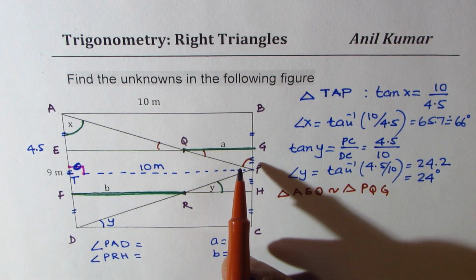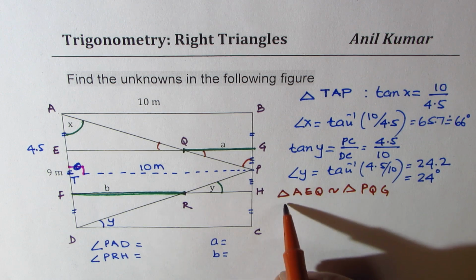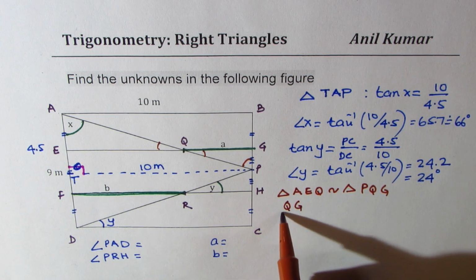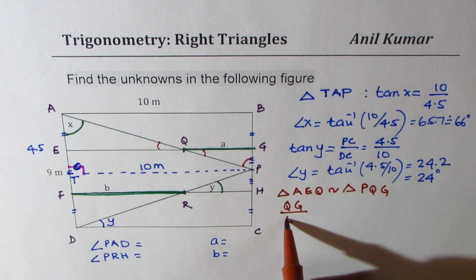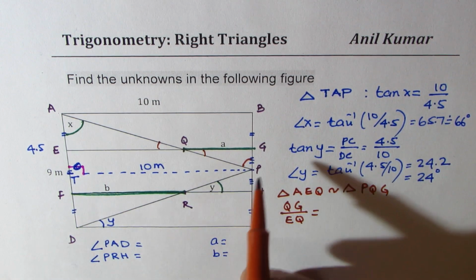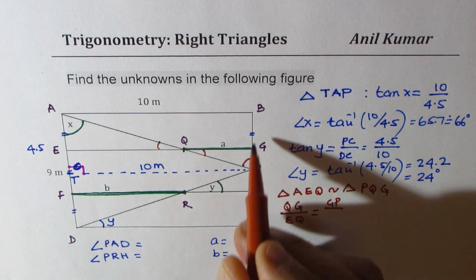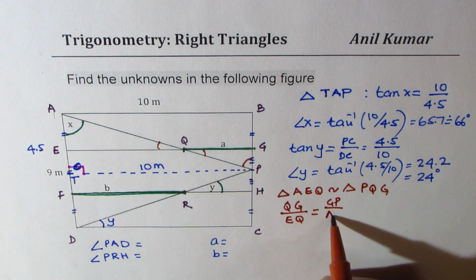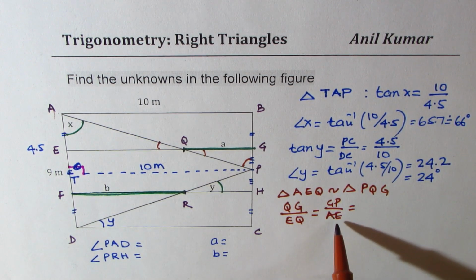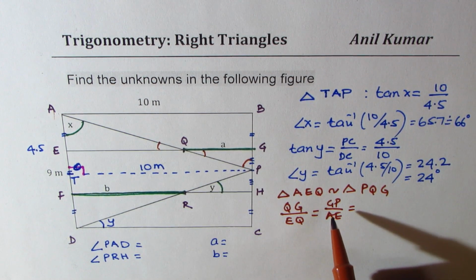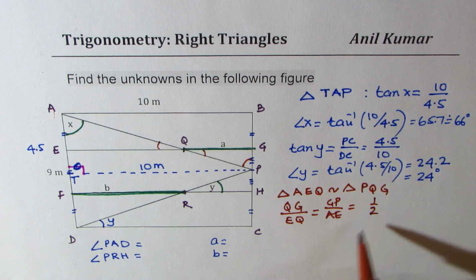They are similar triangles. Therefore, the ratio of sides should be proportional. And so we get QG over EQ is equal to GP over AE. GP is half of AE, right? So we get this as half.